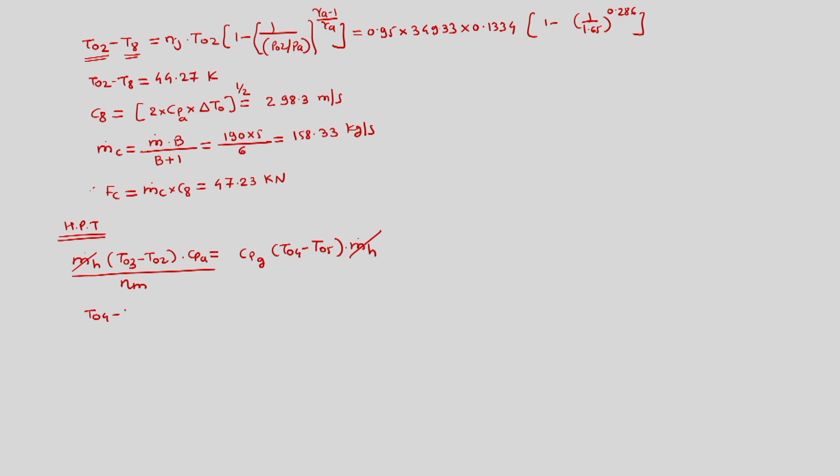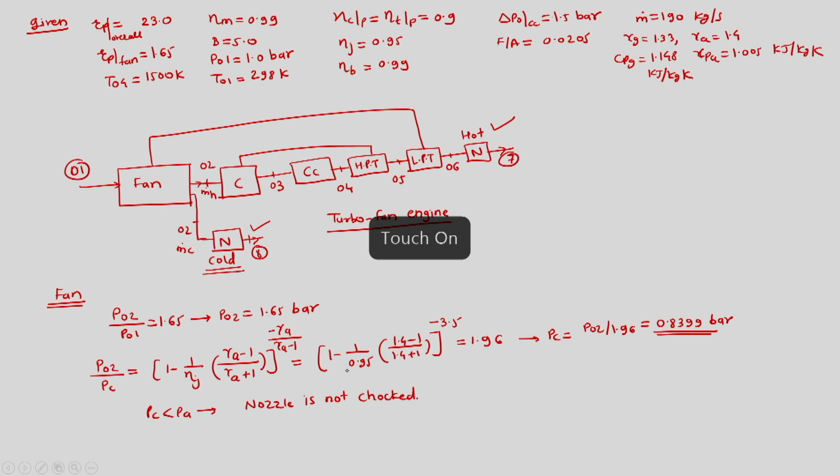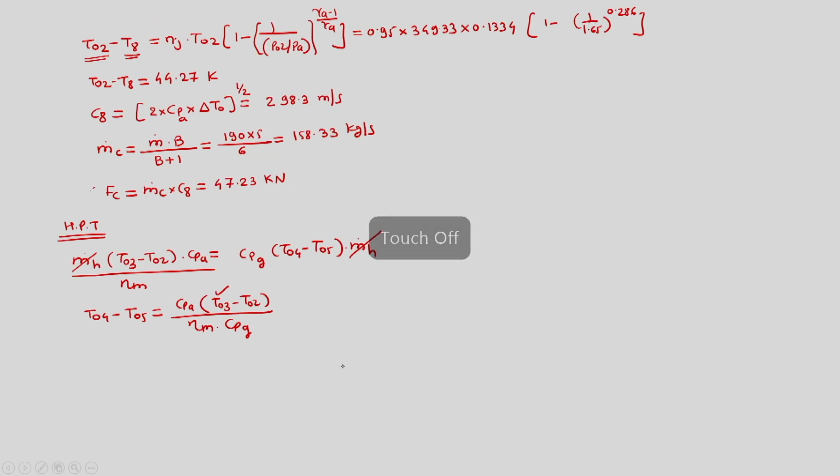We can find out T04 minus T05 is equal to Cp air into T03 minus T02 divided by mechanical efficiency into Cp of gas. Here we do not know the temperature at the entry to the combustion chamber, or at the exit of the compressor. That can be found out from the given polytropic efficiency of the compressor.